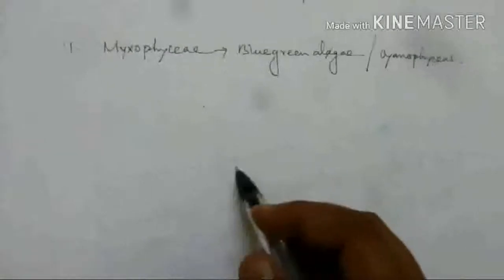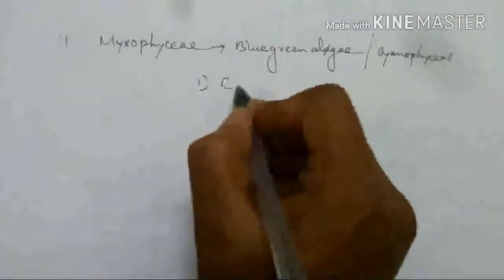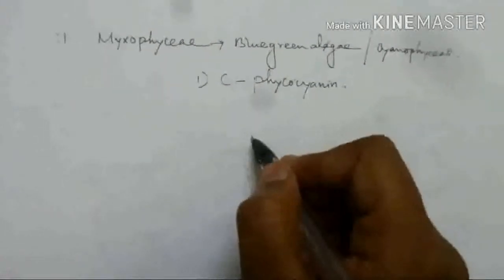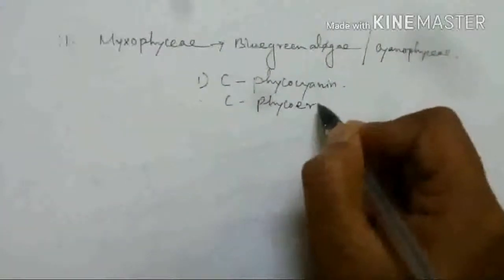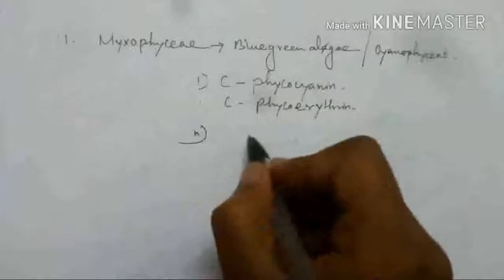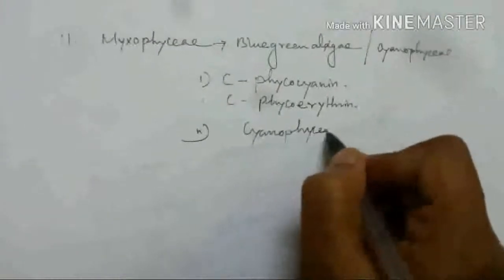The cell wall is composed of mucopeptide, amino acids, fatty acids, carbohydrates, etc. The dominant pigments are C-phycocyanin, beta carotene, and C-phycoerythrin, and the storage food is cyanophycean starch.